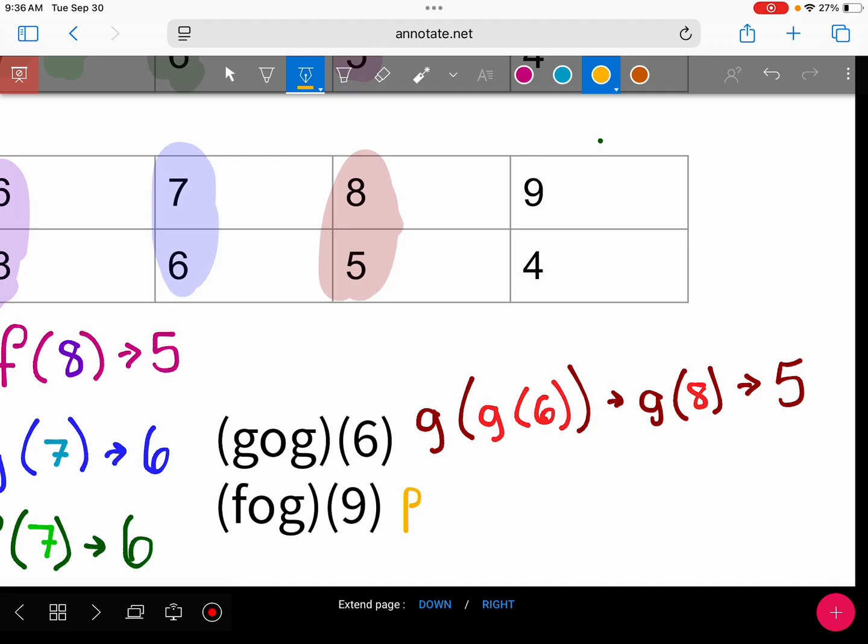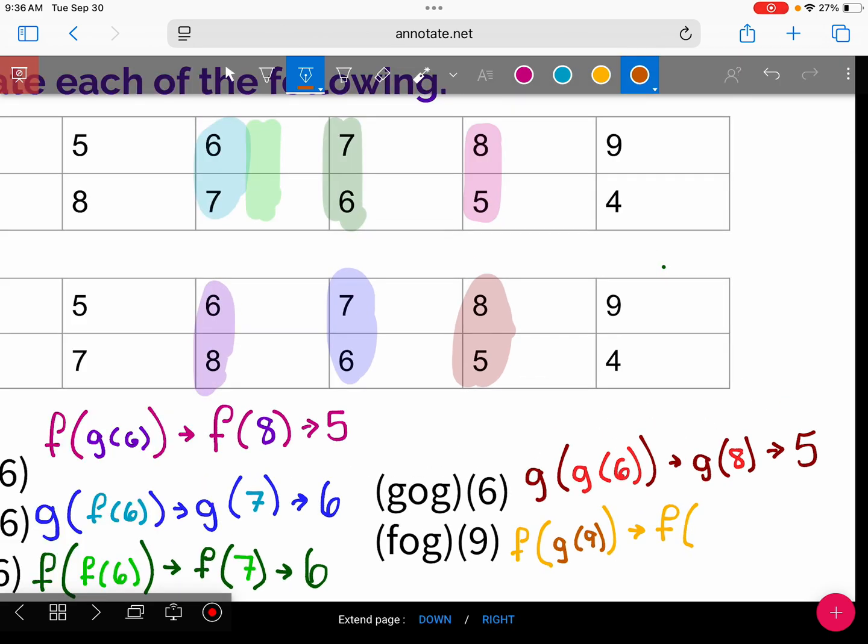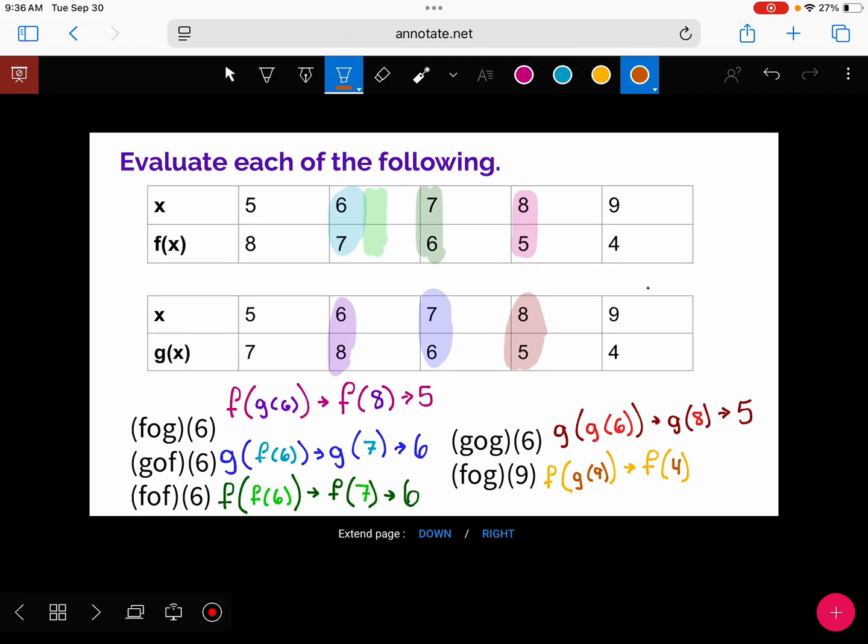So we're doing our f of g of 9. What is g of 9? 4, because our g of 9 is 4. That's this one down here. What is f of 4?